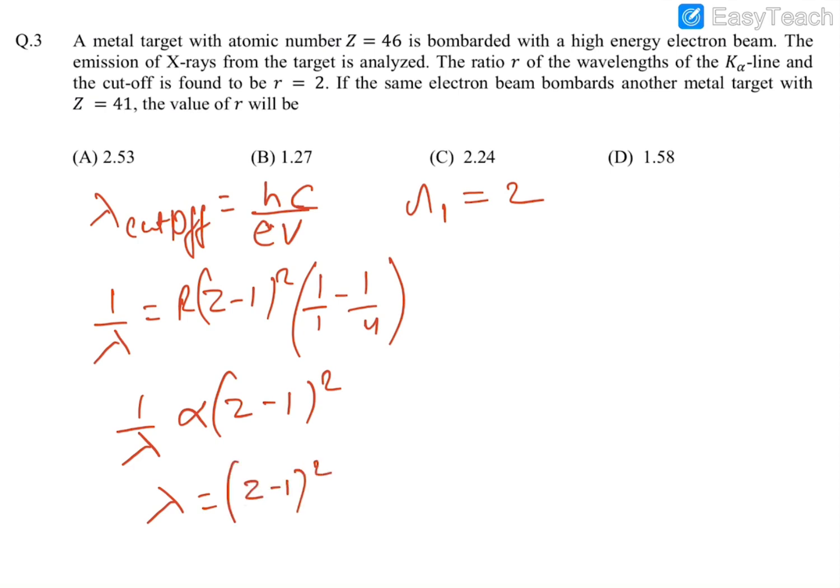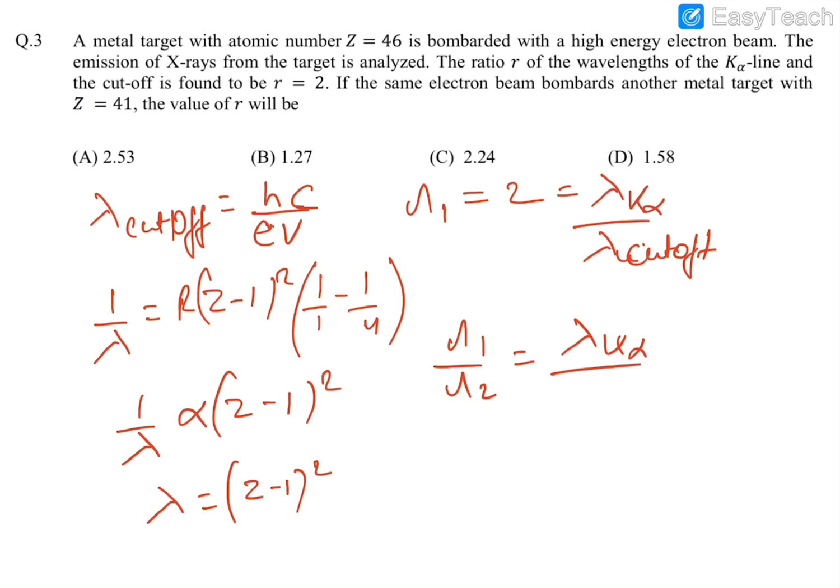So R is the ratio of lambda K alpha upon lambda cutoff, and lambda cutoff will remain the same. So we can say that R1 upon R2 will be lambda K alpha 1 upon lambda K alpha 2. R1 is 2, so R2 will be equal to 2 lambda K alpha 2 upon lambda K alpha 1.